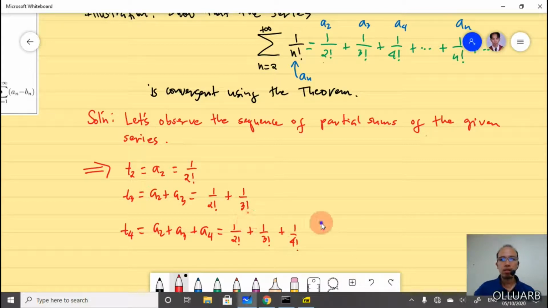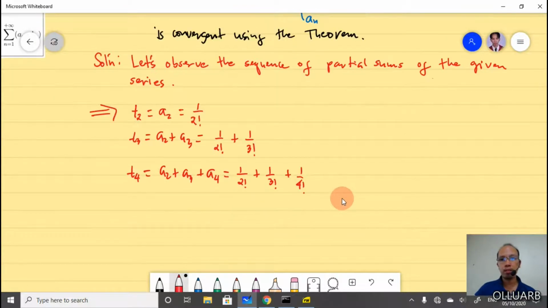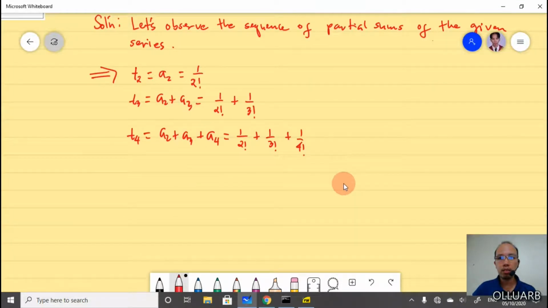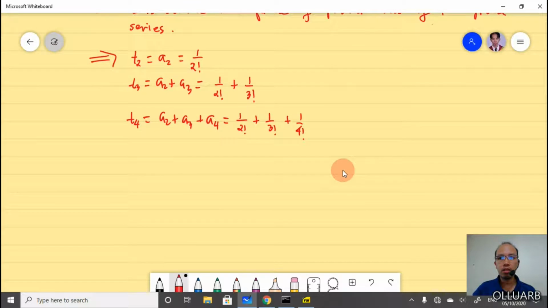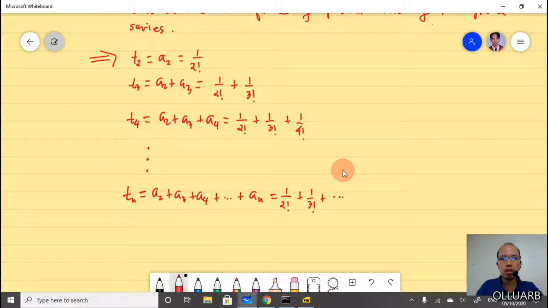So now let's write the nth partial sum. t sub n is a2 plus a3 plus a4, and so on up to an, which is 1 over 2 factorial plus 1 over 3 factorial, and so on up to 1 over n factorial.